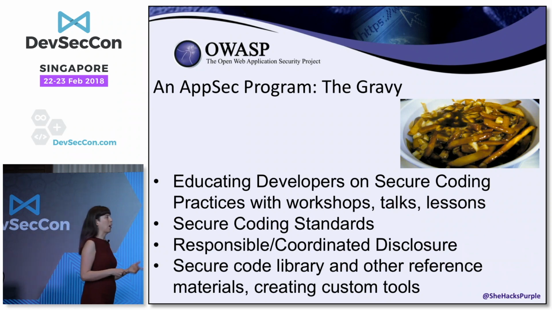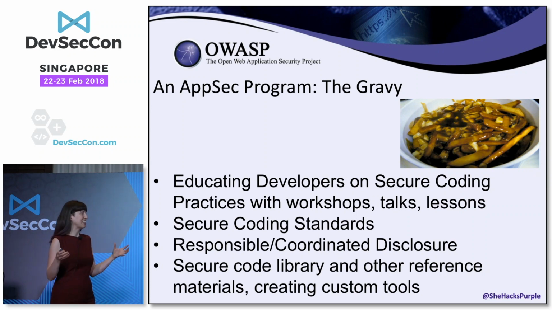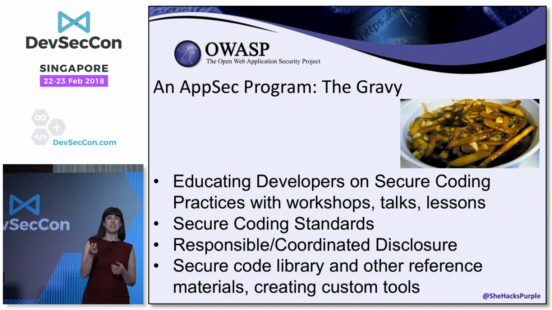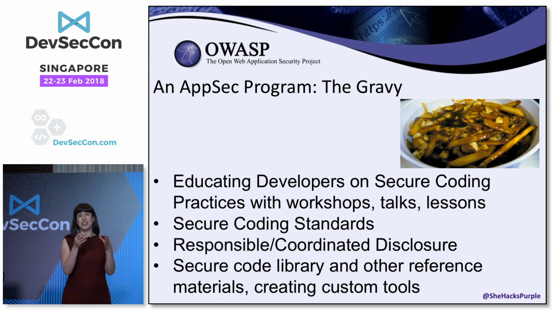You can also do secure coding standards. So tell them what you want. Tell them what you need. Tell them what you expect from them. Like if your app has a file upload, here's the list of things I expect from you. First you need to obviously scan it for malware. I don't know if you saw, but the Canadian government released a free tool to scan your files for malware.